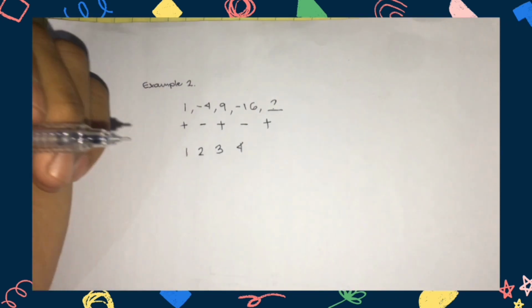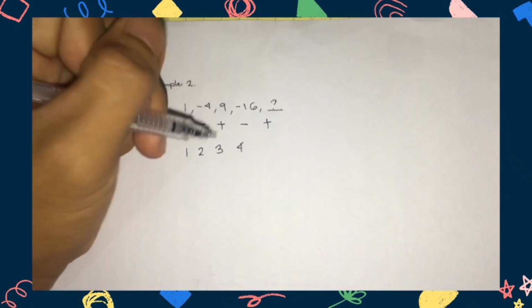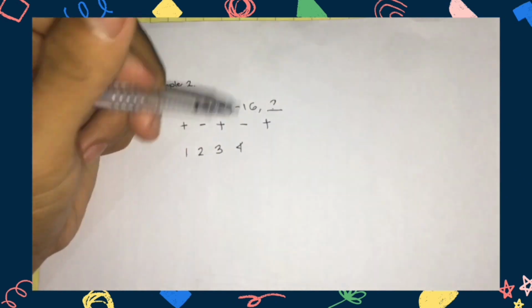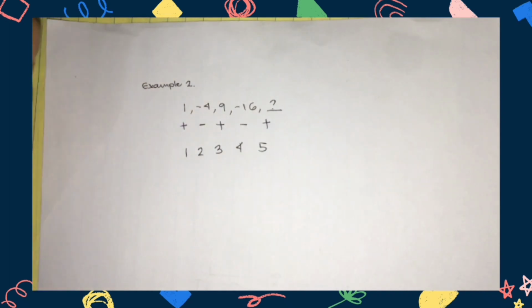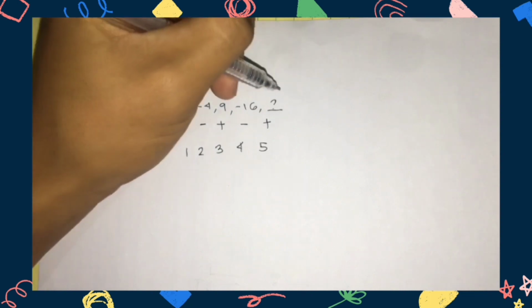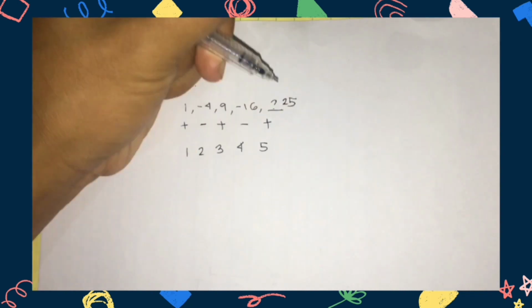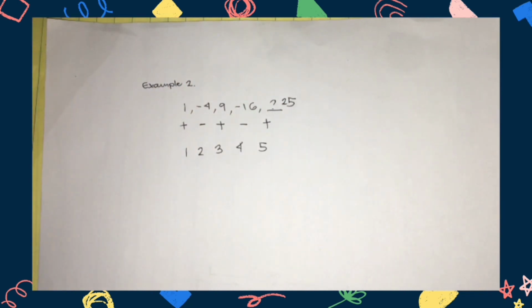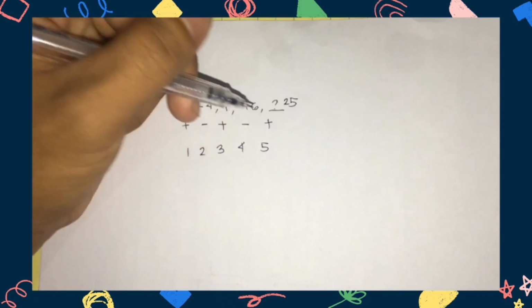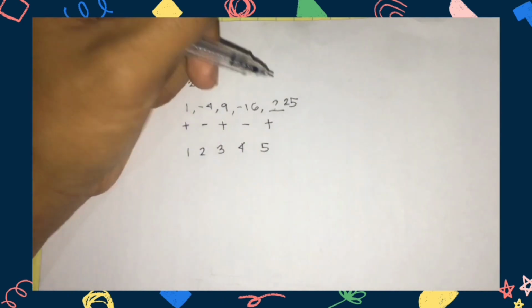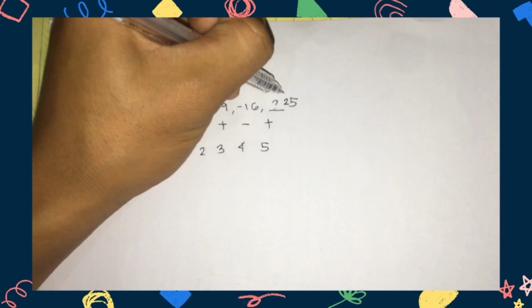So the next in the pattern is 5, because 1, 2, 3, 4, and 5. And 5 squared is 25. So the next number that's missing here is 25, and it is positive because of the first pattern, which is positive, negative, positive.